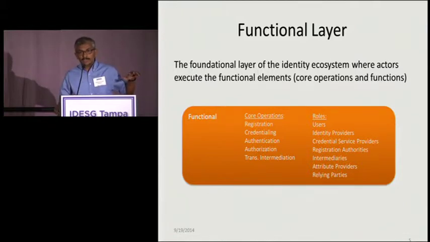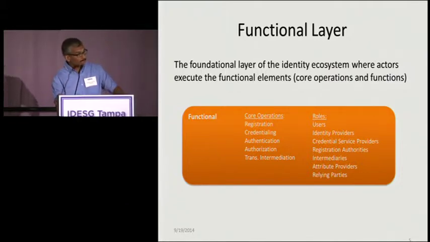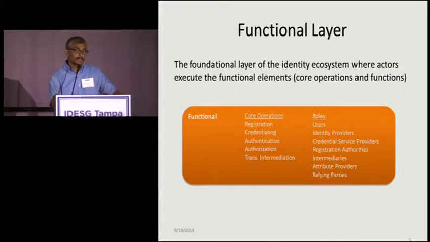When you look at, for example, standards and interoperability, they will essentially look at what are the standards required for authentication, what are the standards required for authorization, and so on and so forth. So this bottom layer will essentially provide the context in which the rest of the activities happen in the ecosystem. So I think it's crucial that we capture all the activities that happen in the ecosystem in this particular layer.